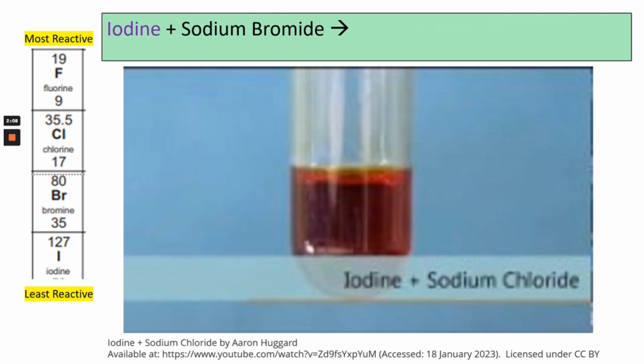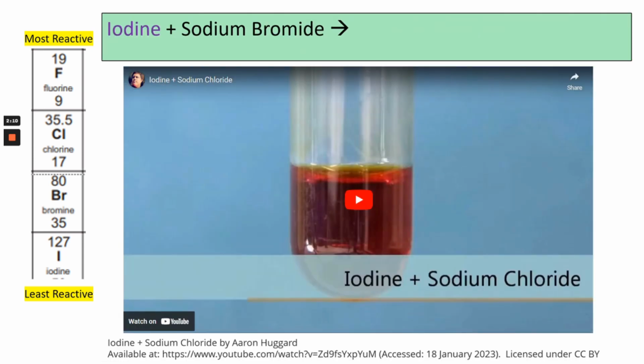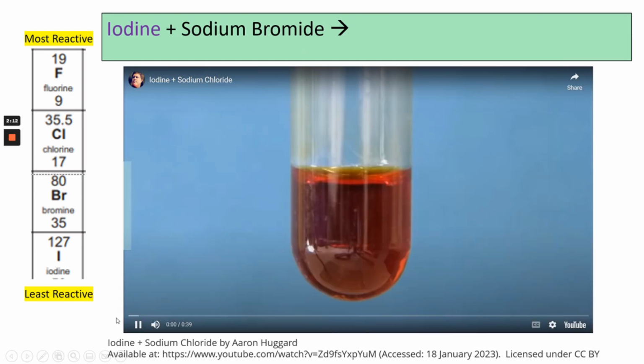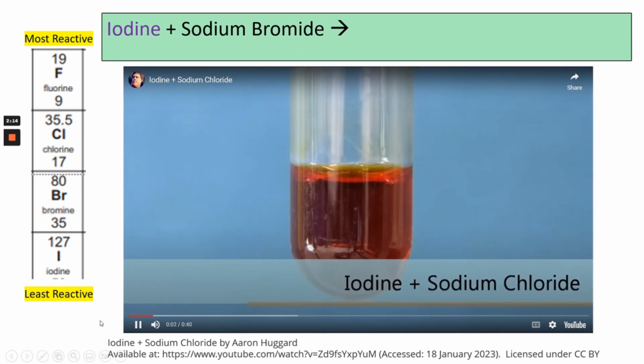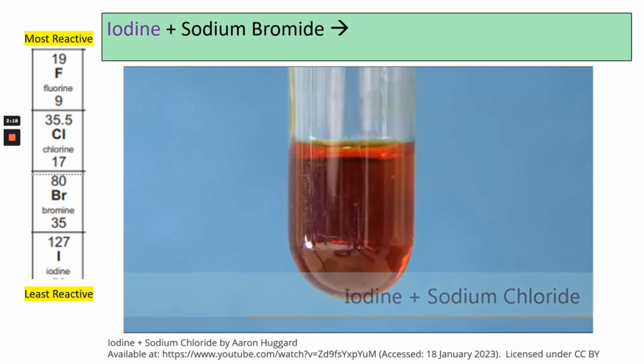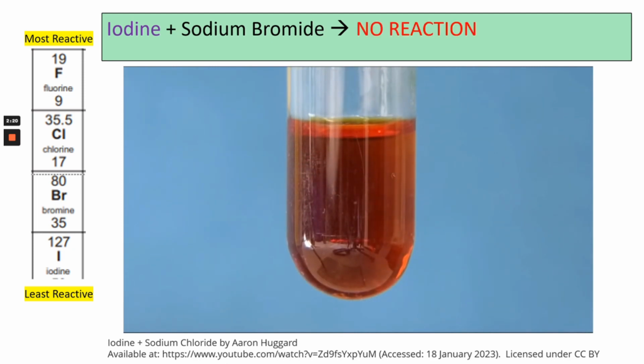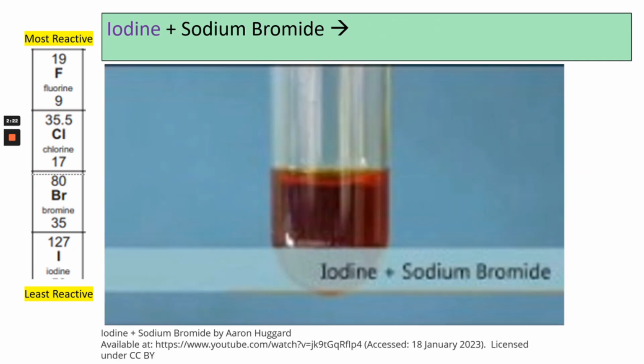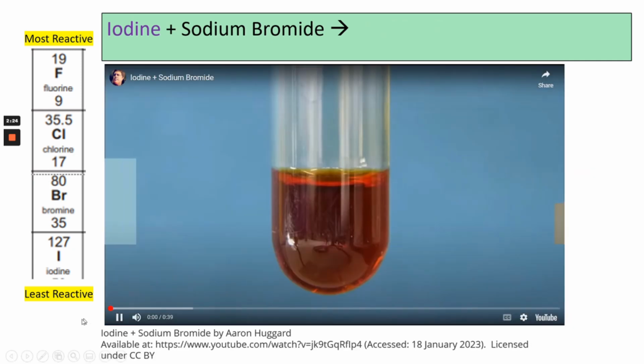Now the reactions of iodine. So let's look at purple iodine with sodium bromide. There is no reaction. Iodine with sodium bromide.